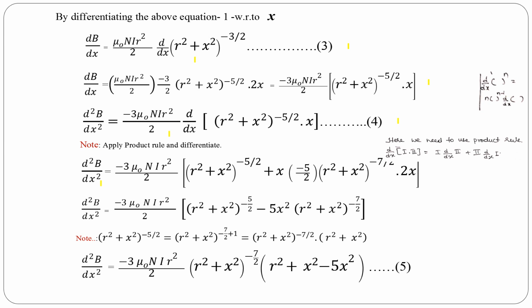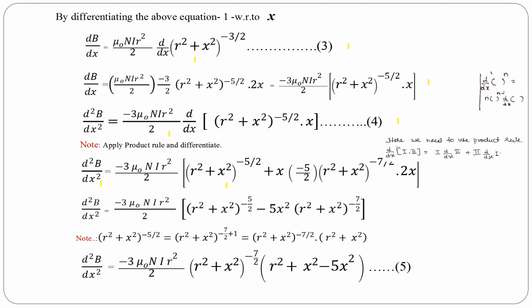Then d square B by dx square will be obtained as, first take the common factor outside, that is the constant term, minus 3 mu naught n I r square by 2 into, we are applying the product rule here. So we are writing the first term as it is, that is (r square plus x square) whole to the power of minus 5 by 2 into d by dx of x, which will be equal to 1.